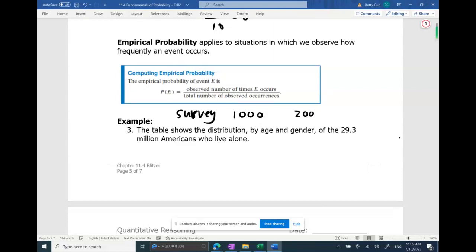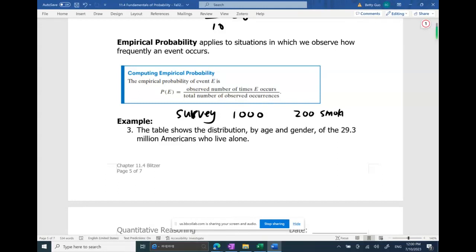200 of them are smokers, and the other 800 are non-smokers. So you are going to find the probability of randomly selecting a person in Tulsa area and the person is a smoker. Consider this experiment: randomly select a person in Tulsa area and record if the person is a smoker or non-smoker.